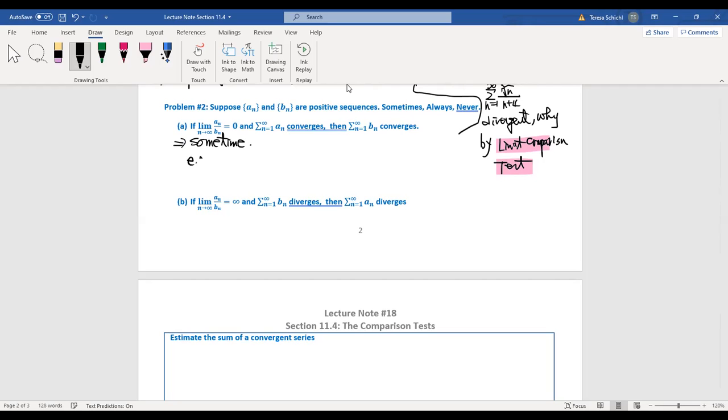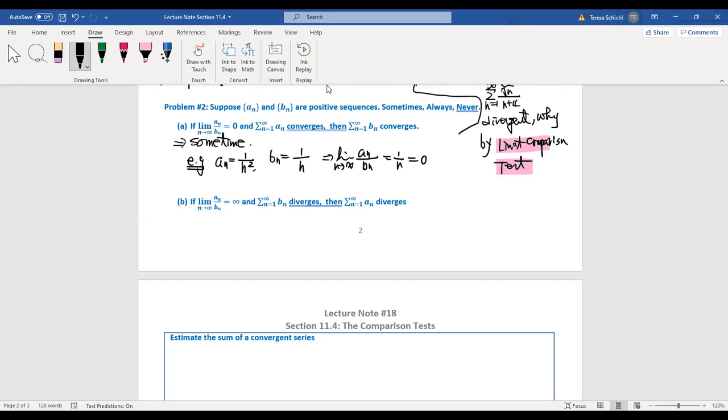For example, if you let a_n equal 1 over n cubed, I'm sorry, a_n, let's do 1 over n squared, then b_n is 1 over n. So the limit as n approaches infinity of a_n over b_n will be 1 over n, which equals 0.